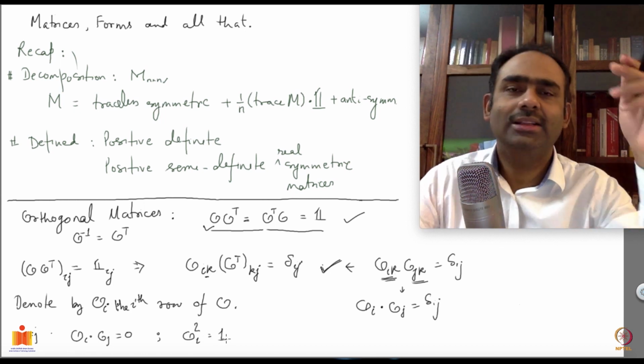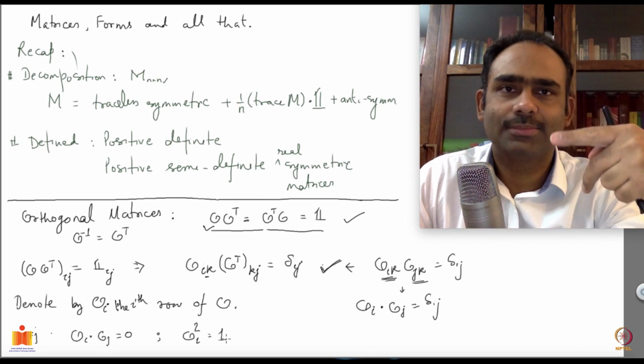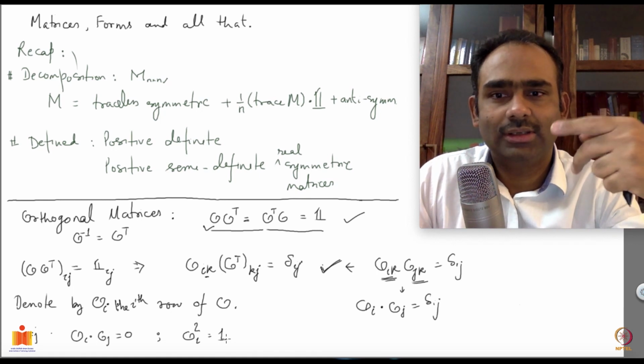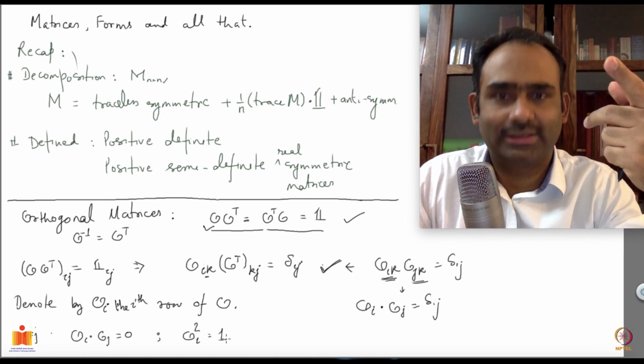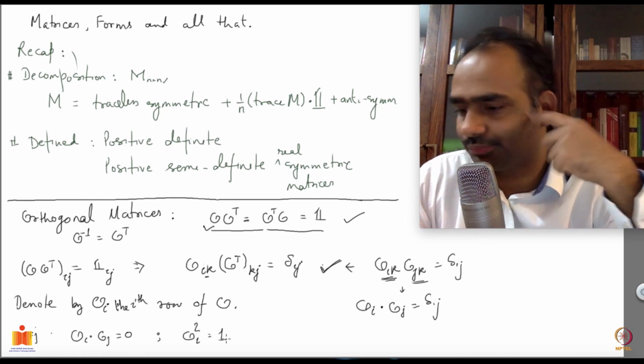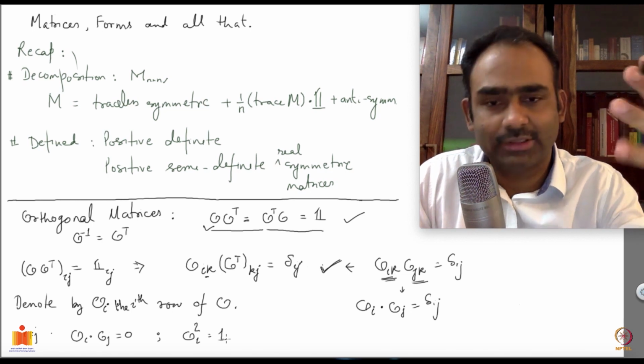Meaning that any two rows are orthogonal to each other, and each row represents a unit vector. So these are all normalized to 1. That's the property of orthogonal matrices.